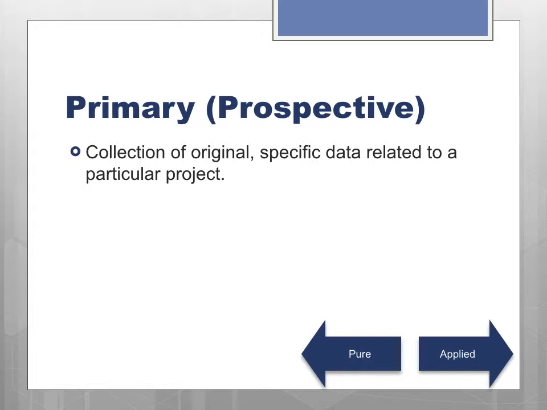It's defined as the collection of original or specific data related to a particular project. And you'll see how I'm going to distinguish this from its counterpart in a moment. This helps to move an idea forward. And again, this can be research on anything in any industry, but prospective data is actual data collection. You're actually collecting the data as you go.